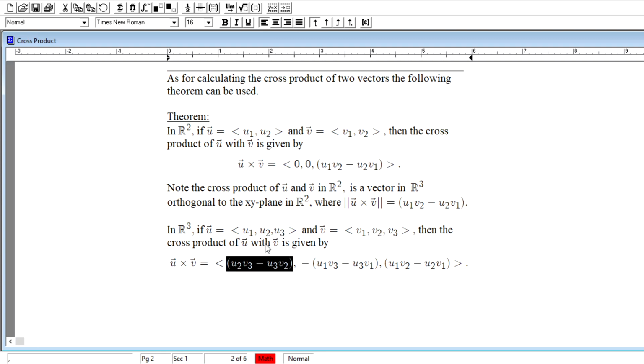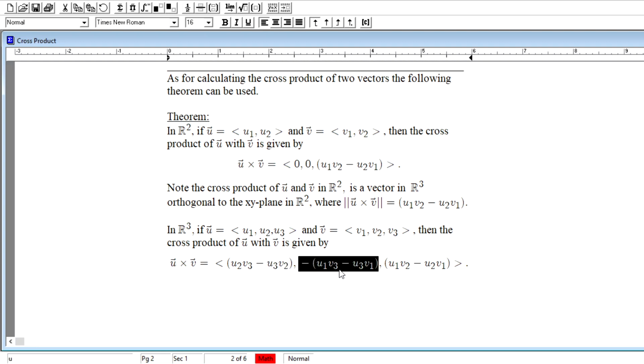That will form your first component in the cross product. And notice that involves u2 and v3 and u3 and v2 in its calculation. There's a bit of the pattern starting to show itself.